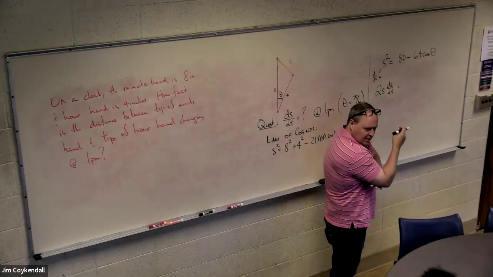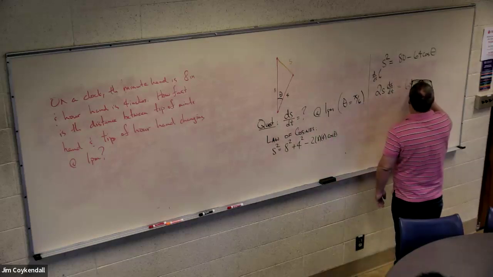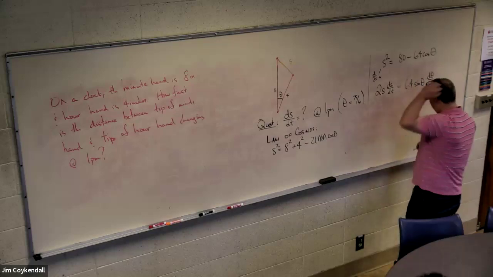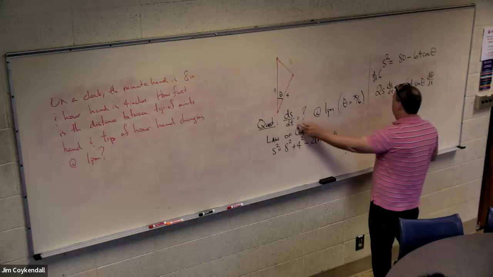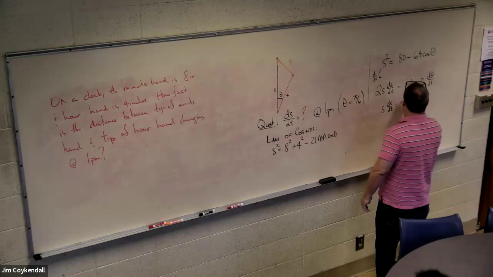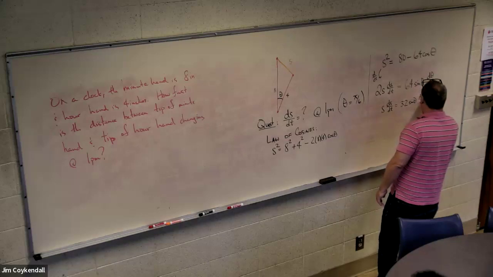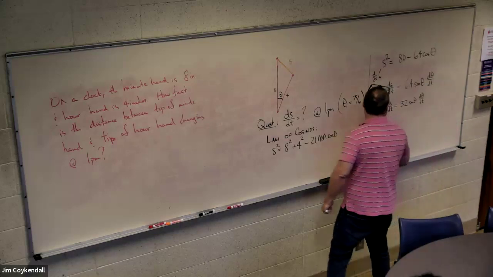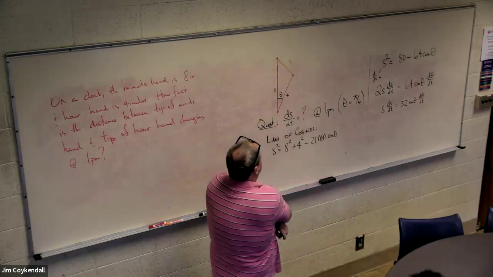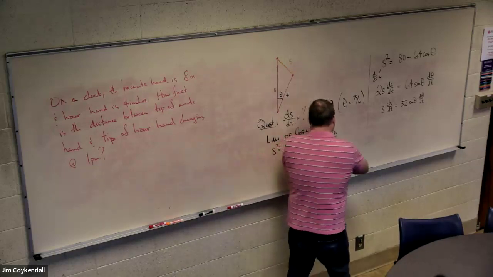What's the derivative of cosine? Negative sine theta, so 64 sine theta times d theta/dt. And so what am I looking for? dS/dt.